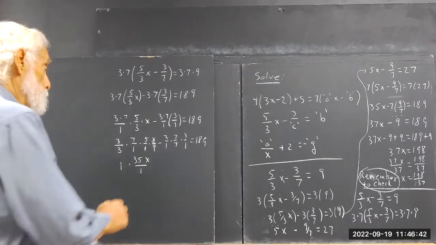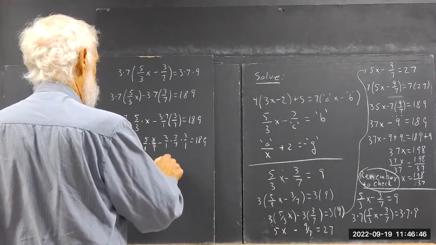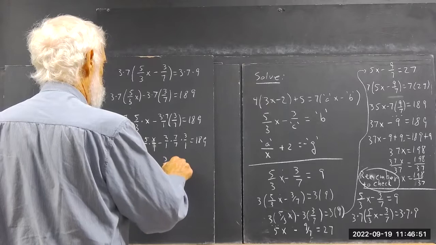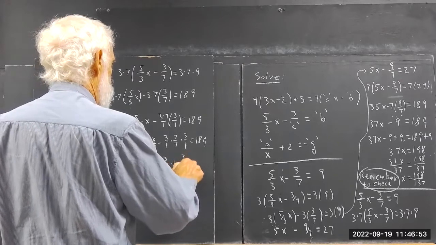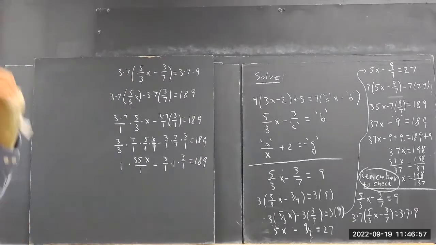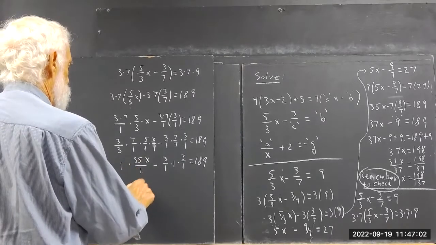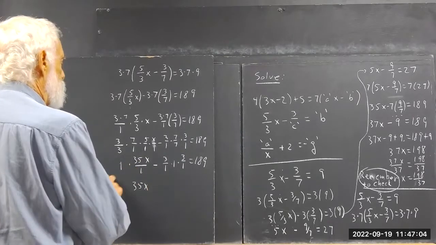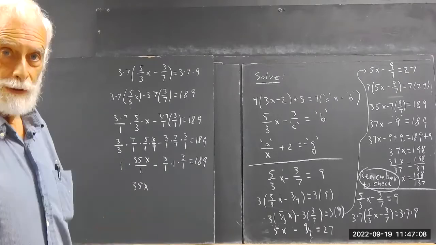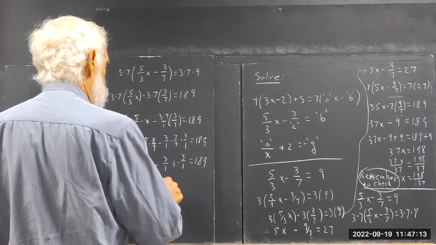Okay, well, anyhow, here we go. And then here we got this. Now, all these ones, this leaves us at 35x, because any multiplication or division by 1 is not going to change anything. And over here, we got 1s in the denominator. We got a 1 in the numerator.